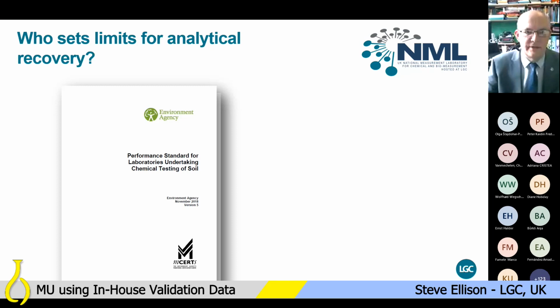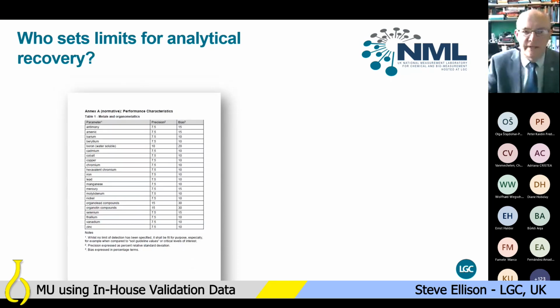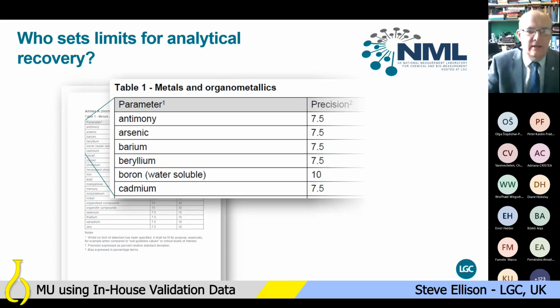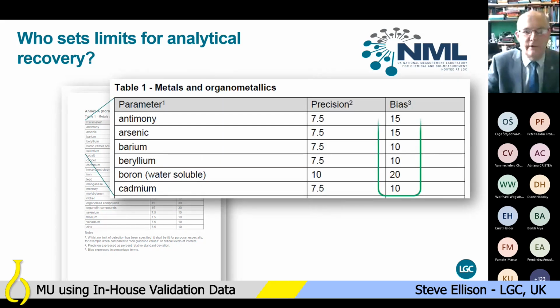And if you open this document, you find that there are tables inside, and if you look closely at those tables, you find that there are specifications for precision and bias. And the idea is that there's a validation procedure that's included in the MCerts standard. Laboratories go through the validation process and they test whether the bias is within those limits.